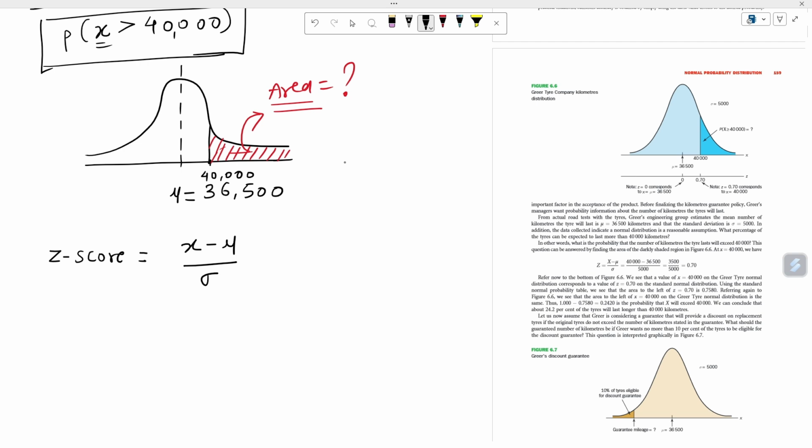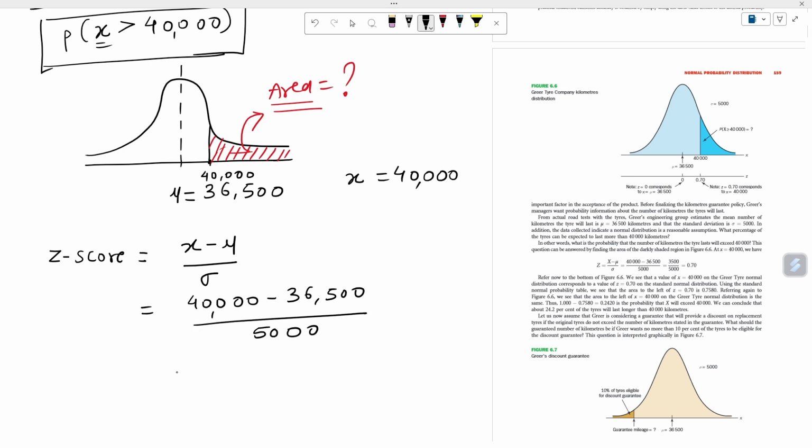In this case, our x is going to be 40,000, as per the situation. So 40,000 minus 36,500 divided by 5,000, which comes around z equals 0.70.